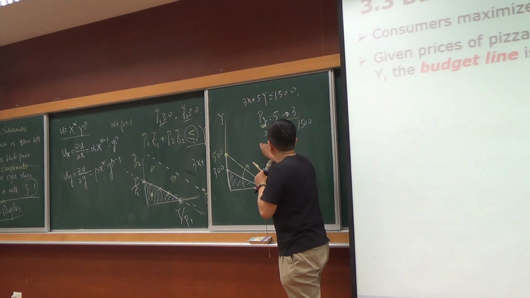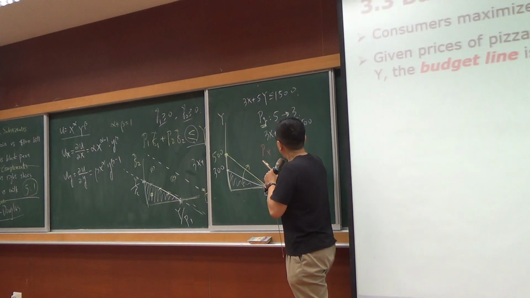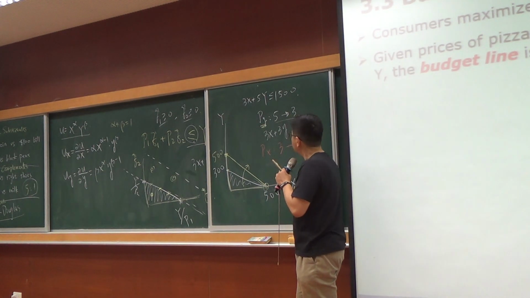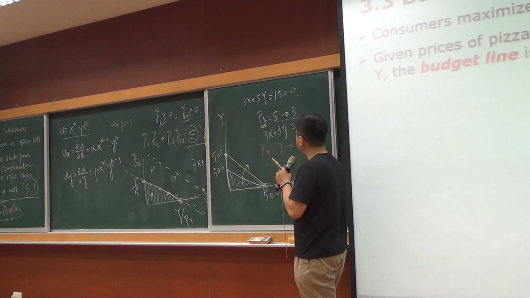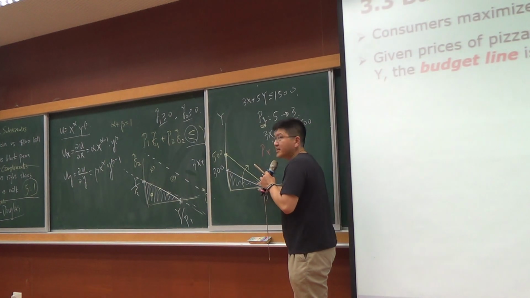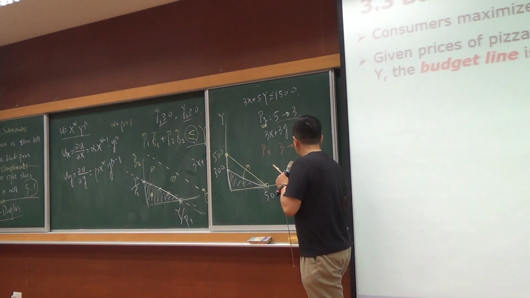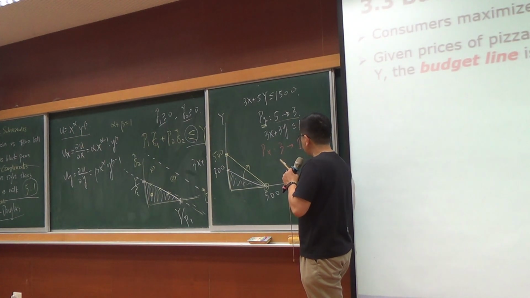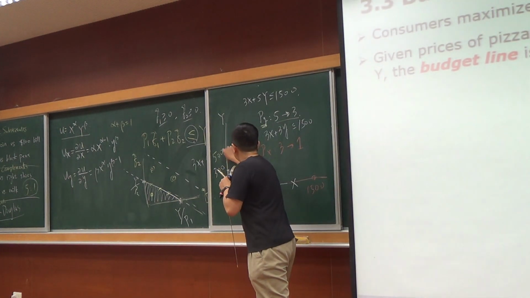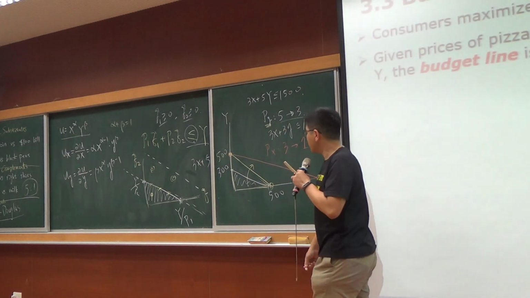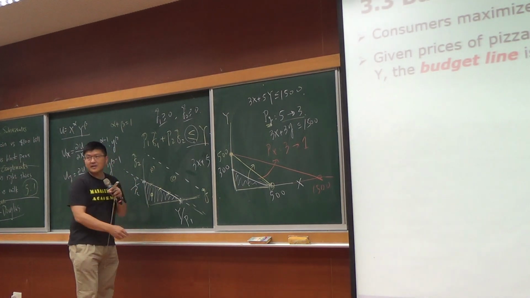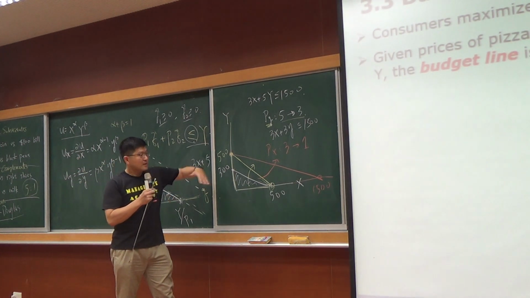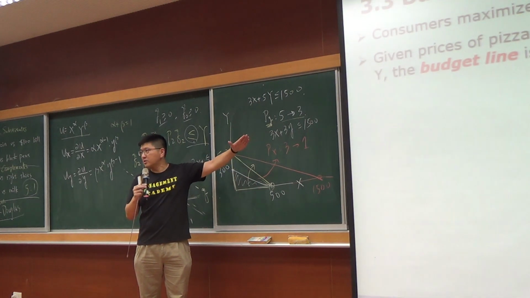What about if Px becomes cheaper, from 3 to 1? Then you may have this many units of X, right? And once again, you may see the budget line rotates outward, right?